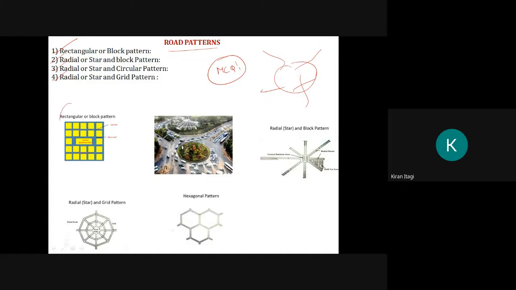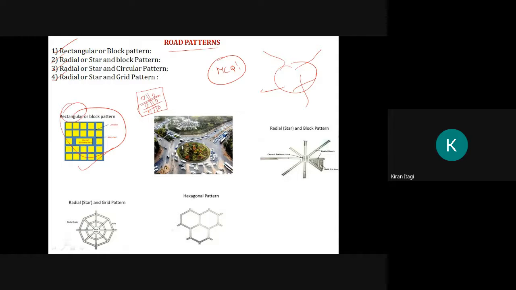Whatever we can see here is a rectangular or block pattern. For example, this is your area, and there will be roads connecting like this. The roads forming in a rectangular way we call a rectangular or block pattern.